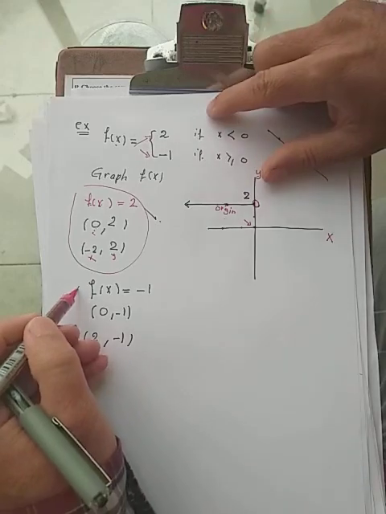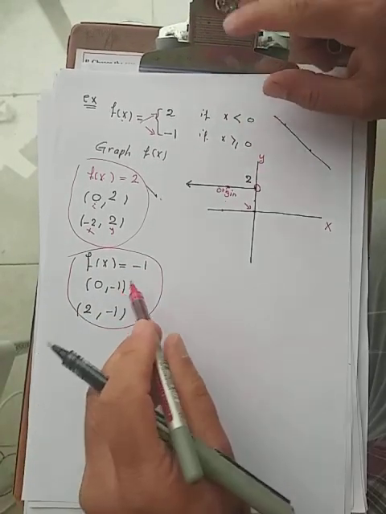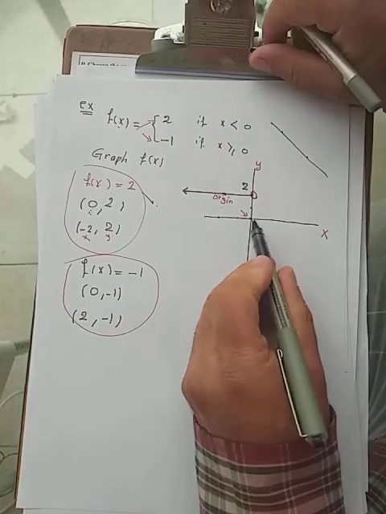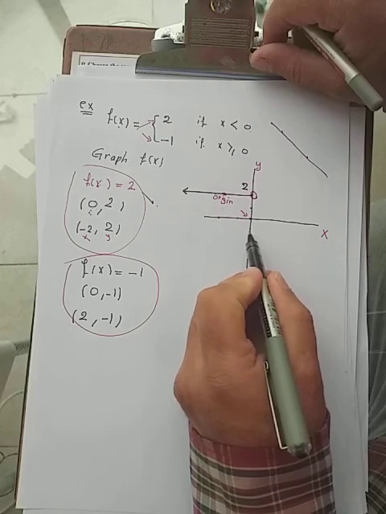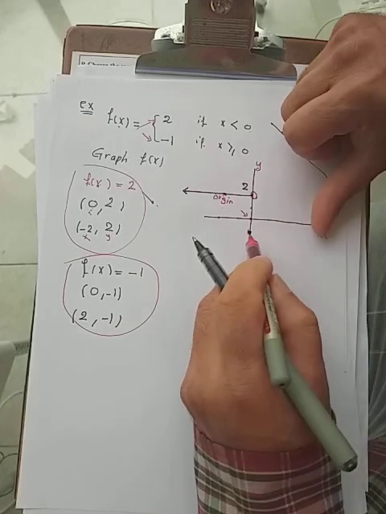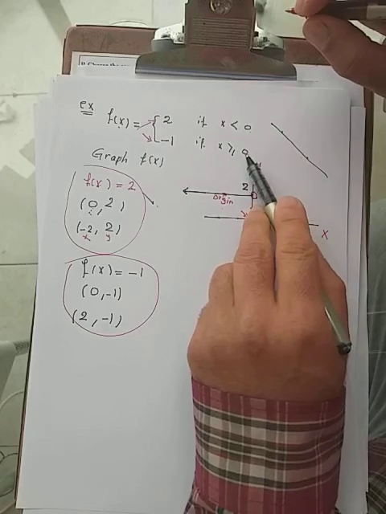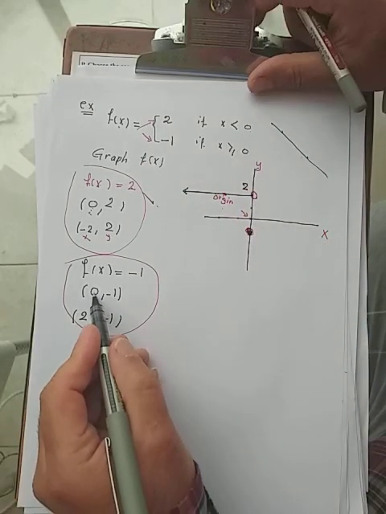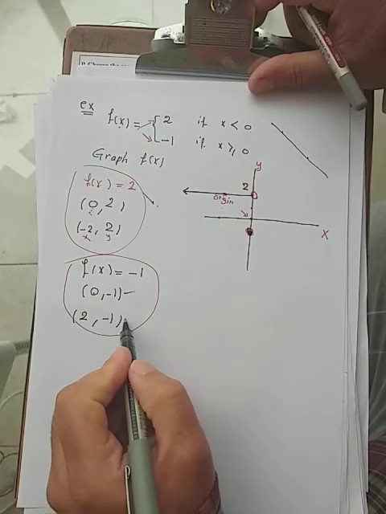Now we have 2 points. We can graph this part. 0, minus 1. Where is 0? This is 0. Minus 1, this is minus 1. And this point should be big. The second point is 2, minus 1.